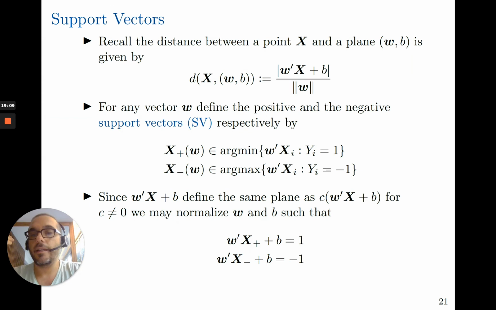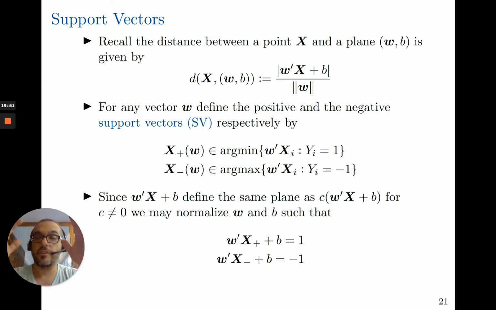Since w transpose x plus b multiplied by a constant c, different from 0, defines exactly the same hyperplane, we may normalize the support vectors such that w transpose x plus plus b equals 1 and w transpose x minus plus b equals minus 1.